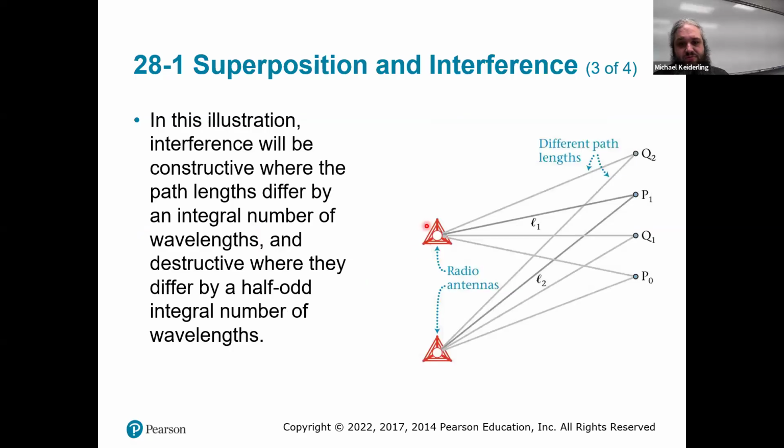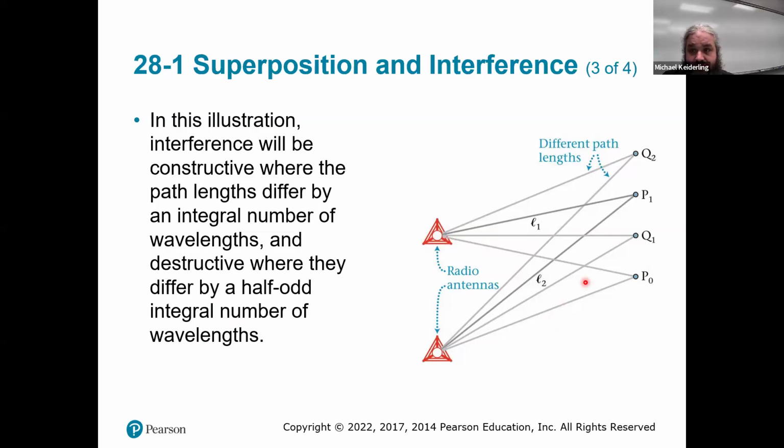So here, for example, if you have two radio antennas sending out the same signal, and you add up the signals from two different paths, they will add up constructively when the paths differ by an integral number of wavelengths, and destructively where they differ by a half odd integral number of wavelengths.